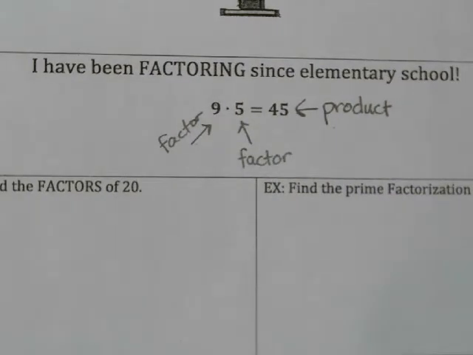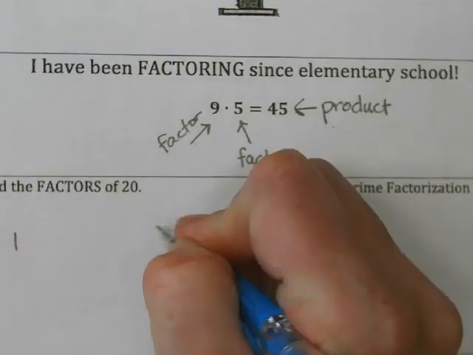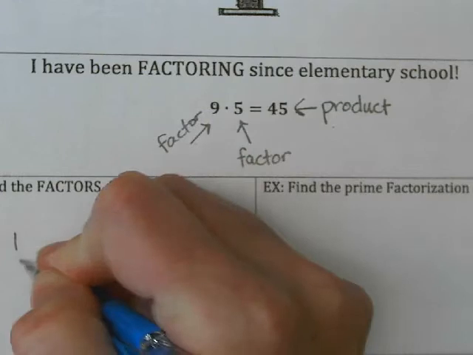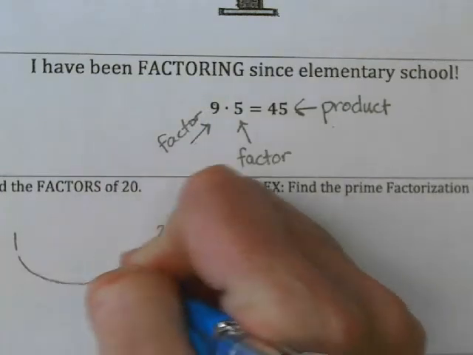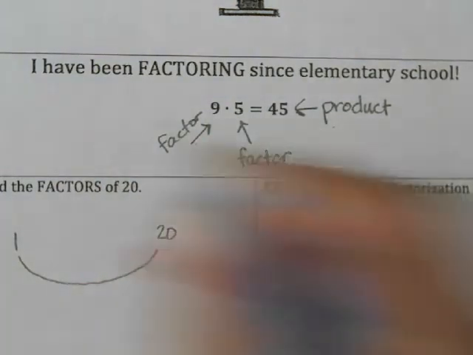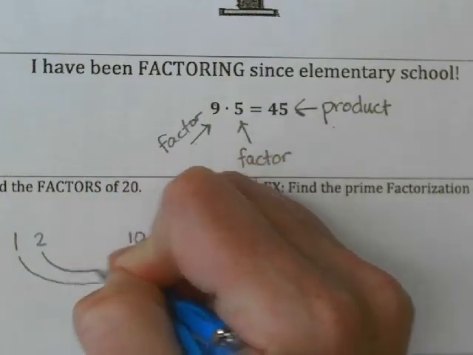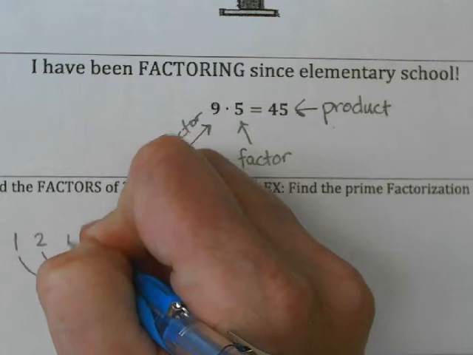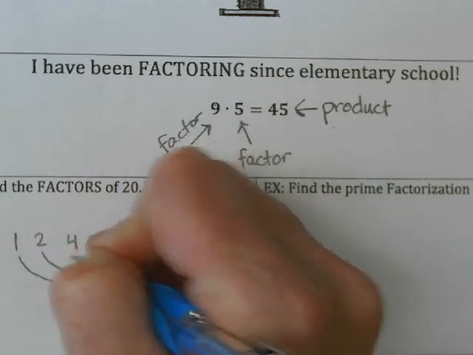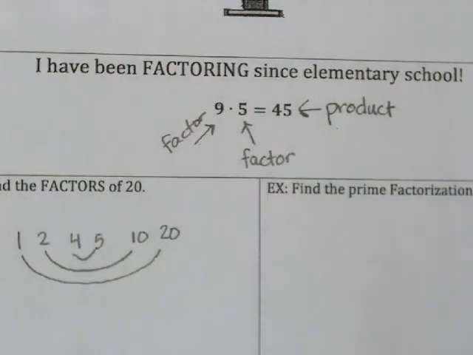Some kids told me it was a rainbow thing. They went 1 and 20, and then maybe they put it on the top or the bottom, and then 2 and 10, and 4 and 5. Okay, so these are all factors of 20.